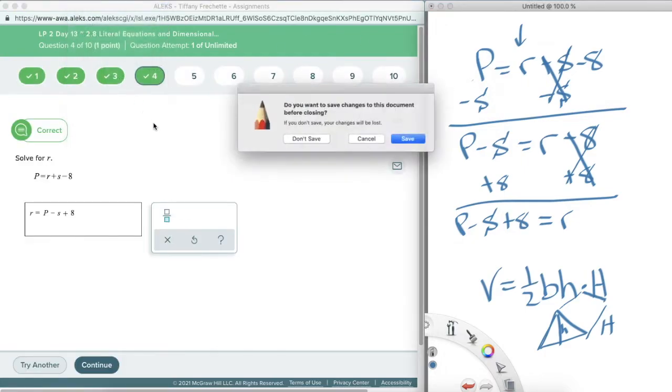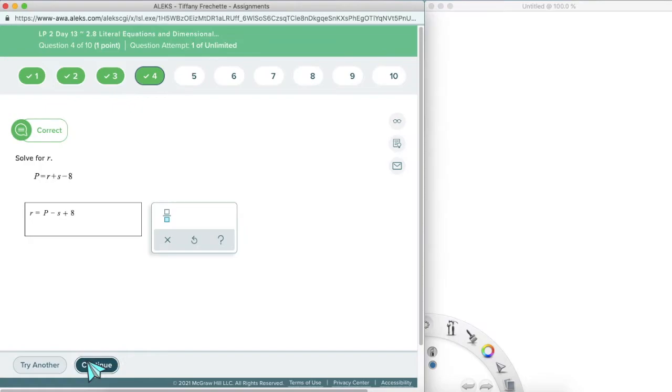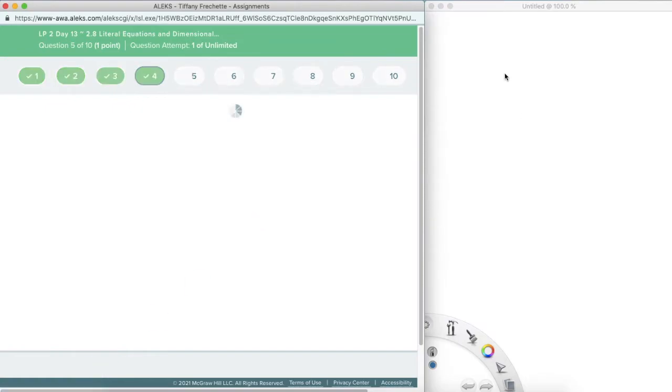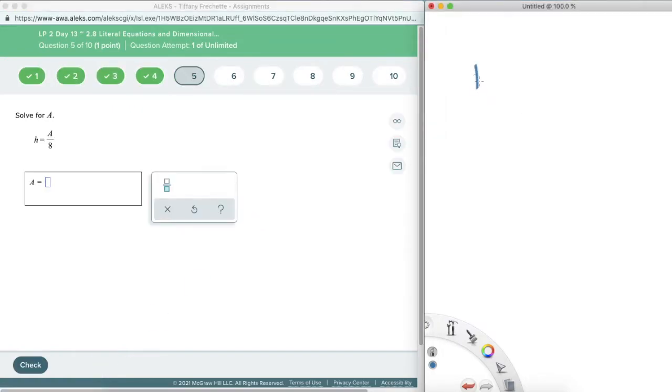All right, don't save, continue. Okay, so we have h equals a divided by 8, and it wants us to solve for a. I want to get a all by itself. So I'm going to say what's being done to a, the variable a there, and I'm going to do the opposite. There's only one thing being done to it. It's being divided by 8. So I'm going to multiply by 8 on both sides, just like I would if this was any other equation.